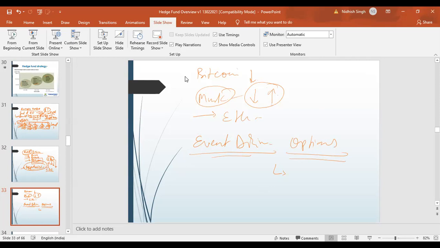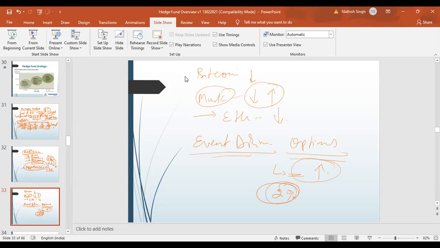So they'll go long on call options to buy Bitcoins at a favorable price, right? At the lower price, because I think it will go up and they have to just pay some small premium, 2% at the start, and they can get a lot of this. Just in case it doesn't work out and it goes down, what they have lost is a maximum of 2%.